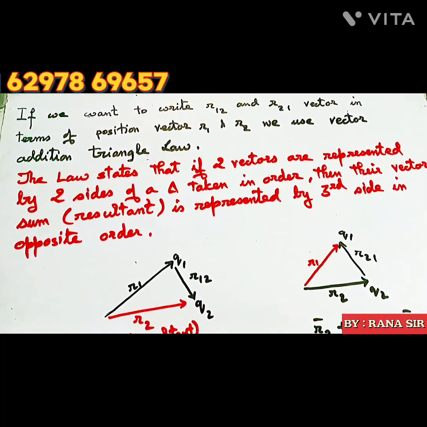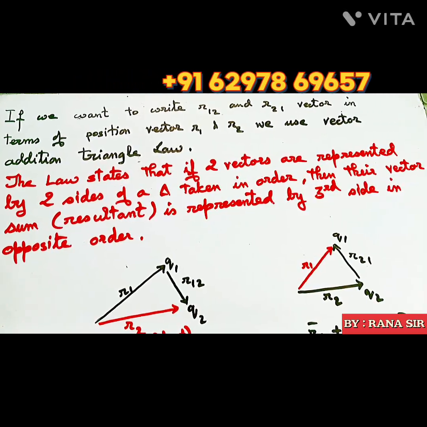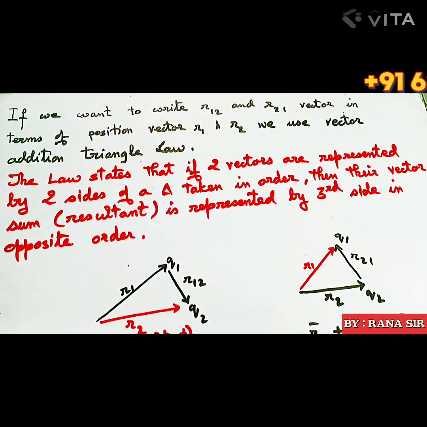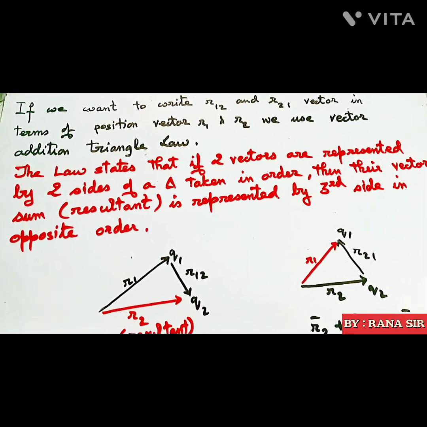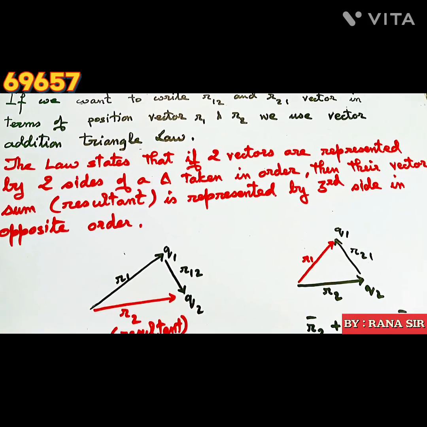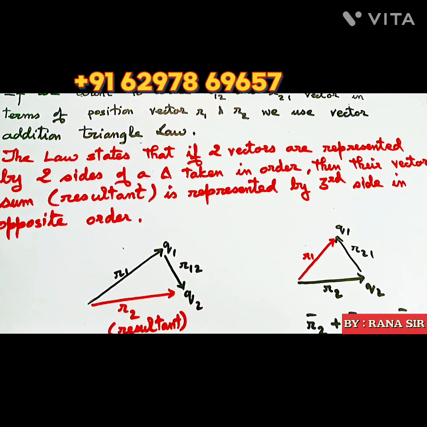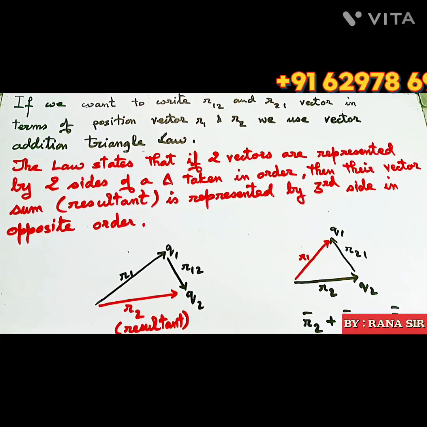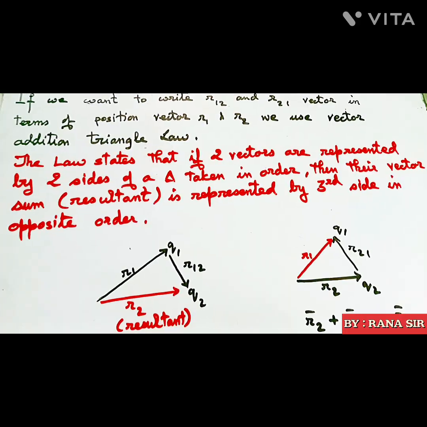Now if we want to write the R12 and R21 vectors in terms of the position vectors R1 and R2, we use the vector addition triangle law. The law states that if two vectors are represented by two sides of a triangle taken in order, then the vector sum, that is the resultant, is represented by the third side in the opposite order.